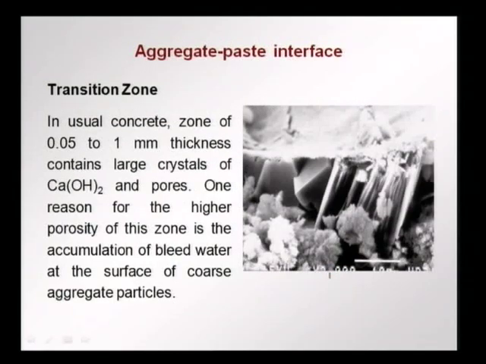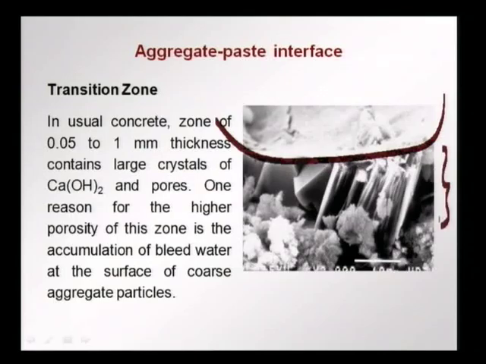So, this is what you would have without silica fume. In normal concrete, we have a zone here between the aggregate. This is the aggregate and this is the hydrated cement paste, and we find that there is a region here which is the interfacial transition zone, which can be porous, has more crystals of calcium hydroxide, and this is where a crack can propagate, or if water gets through the concrete can also pass through.